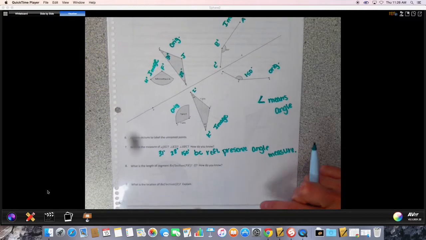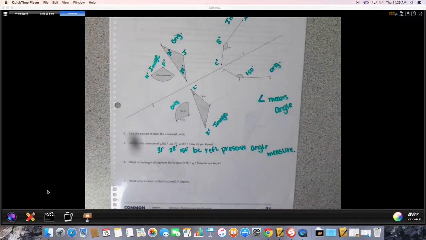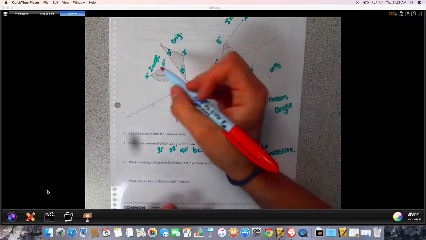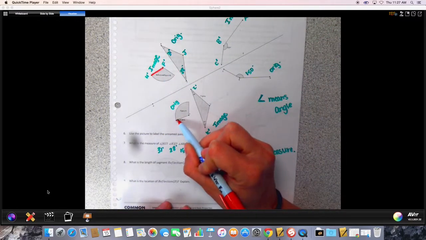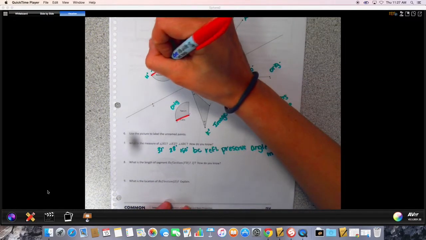Okay, number 8 now. What is the length of segment reflection FH? So, reflection is this image up here, reflection FH. We want to know the length of this segment. Well, that matches with this one down here, so we know it is 4 units.